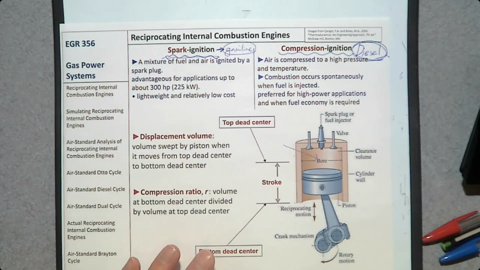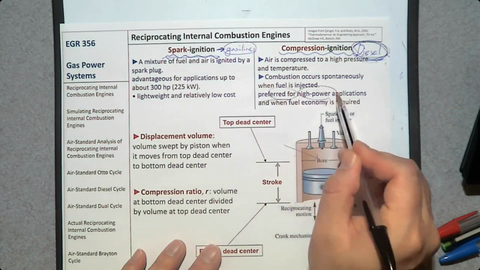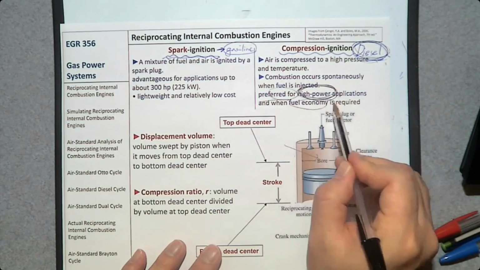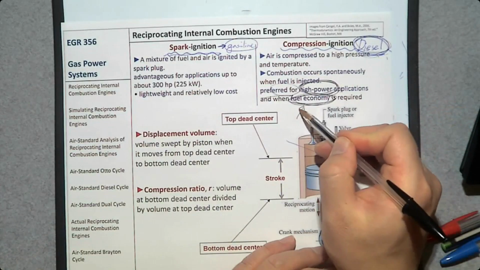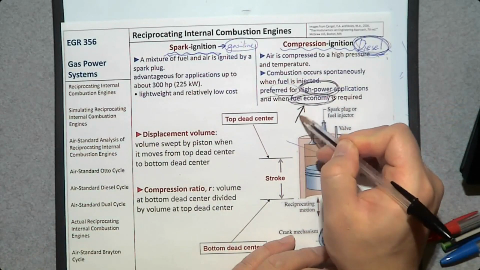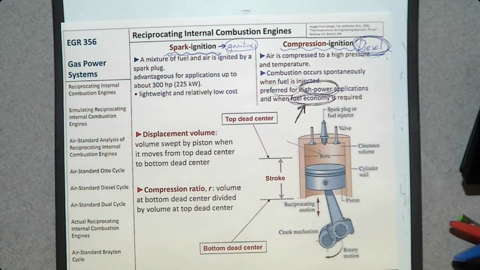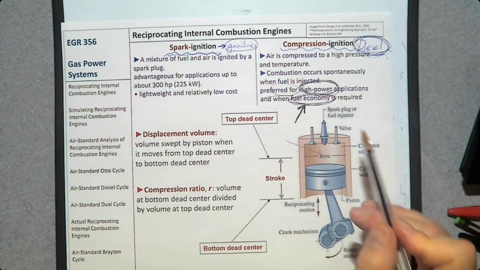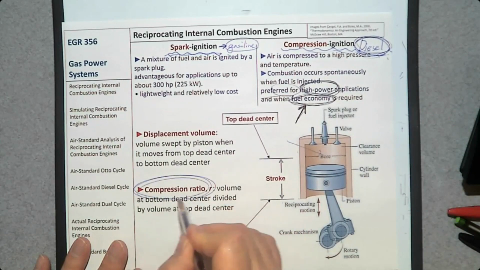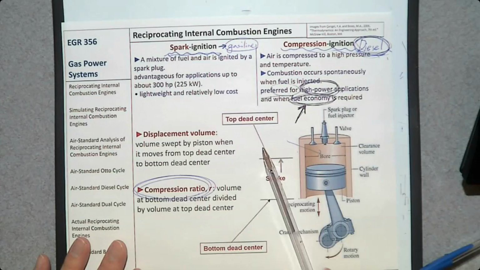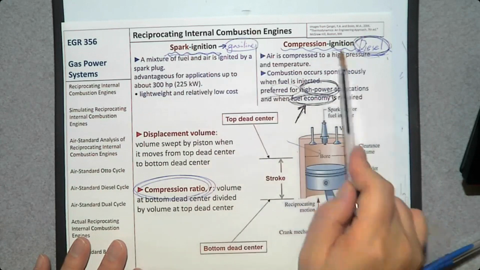On the other hand, compression ignition, which is a diesel engine, is preferred for high power application and also when fuel economy is required, because we are going to talk about how we can enhance the thermal efficiency to achieve high fuel economy for compression ignition, which is all about compression ratio, and we are going to study later.